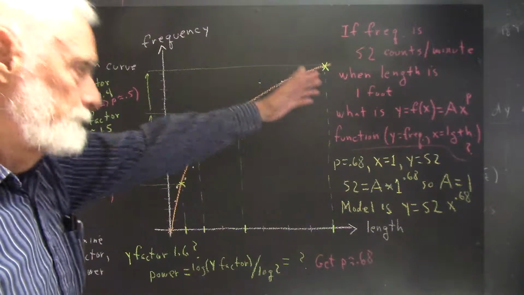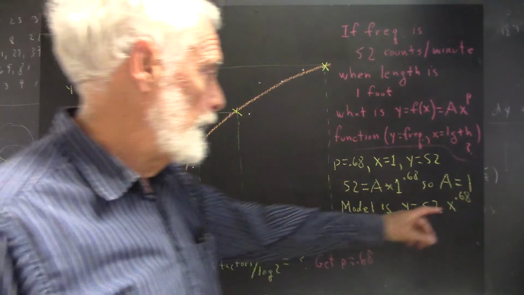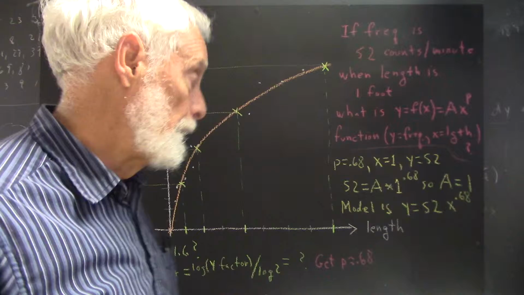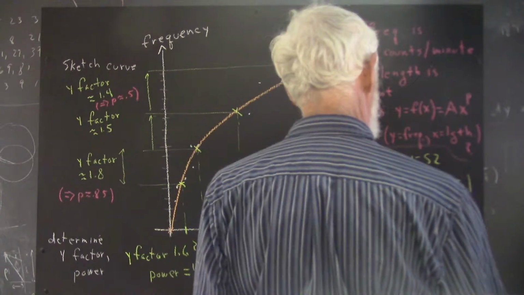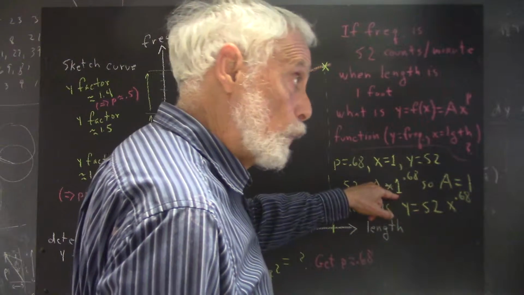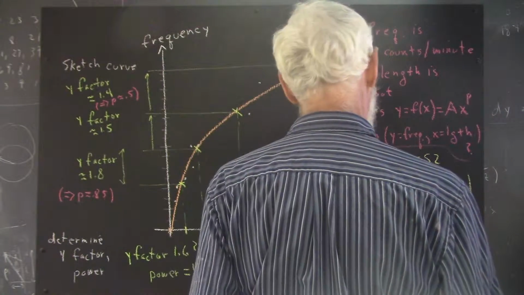Now, if you got y factors closer to 1.4 or 1.5, then you would probably say x to something close to the 0.5 power rather than the 0.68. And you would still get the 52 because you still have just 1 unit of x here.